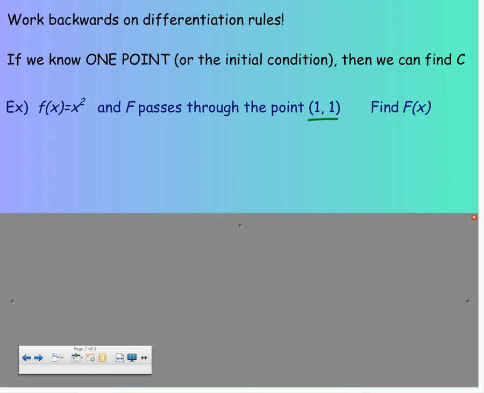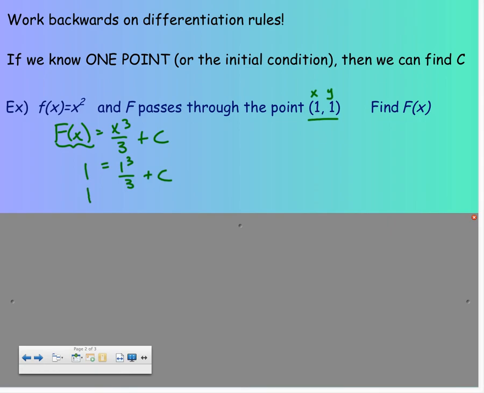So what we want to do is find the antiderivative, which we already did. We know it's x cubed divided by 3 plus c. Okay, we did that example already. We're going to use the fact that when x is 1, y is 1 to figure out what c is. When x is 1, see how I let x be 1? Y is also 1.